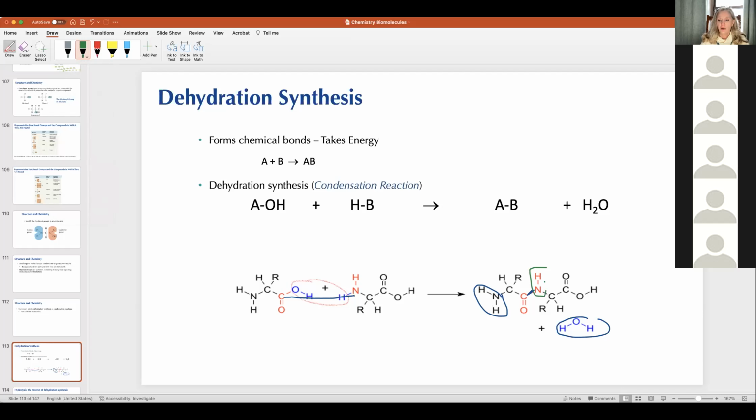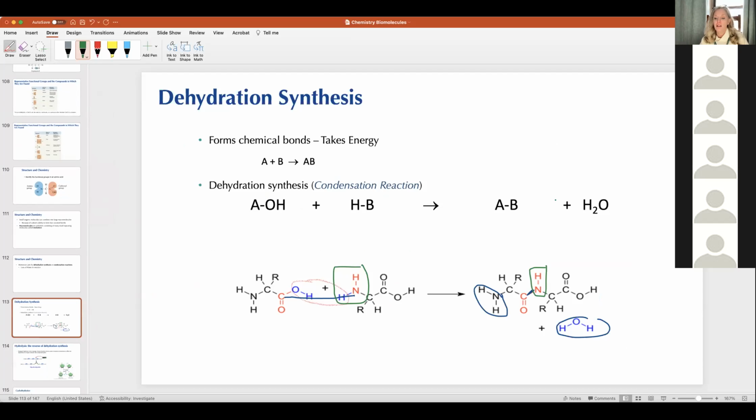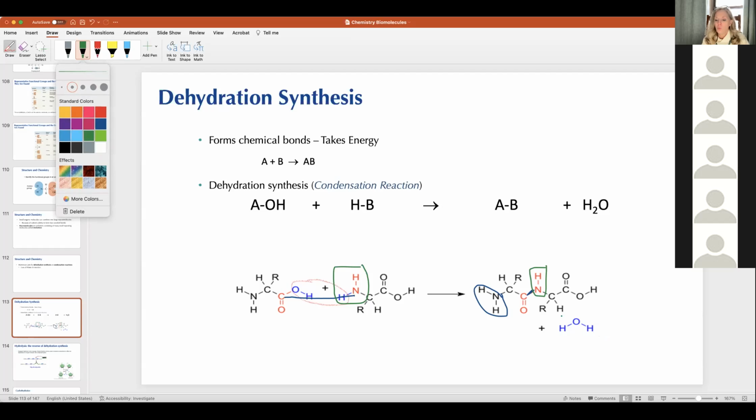Hydrolysis is just the reverse. It's taking our macromolecule, and we're going to put the water back in to break up the bond that we just made. If we went back here, we would take this water right here, and the water would attack this bond and attach itself back, pushing the reaction in the opposite direction.